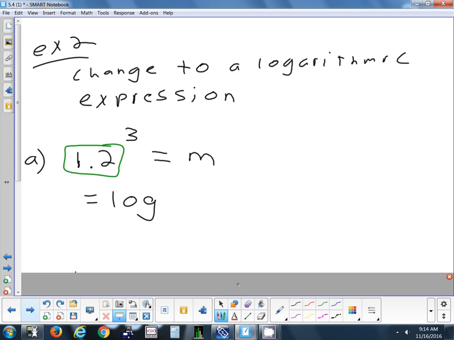And that equals 3, right? 3 would be on the other side of the equal sign, because the logarithm always equals your exponent. So look at your exponent. 3. Log 1.2 m equals 3. Yep, log base 1.2 of m. M is the, what did we call the thing you plug into the log?